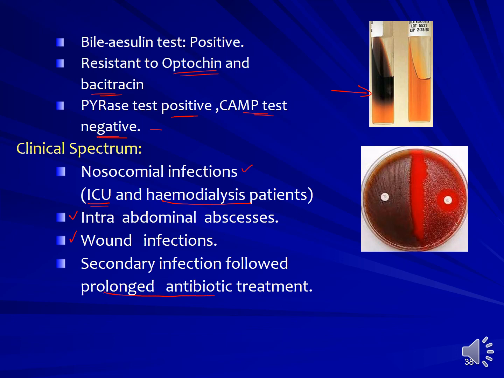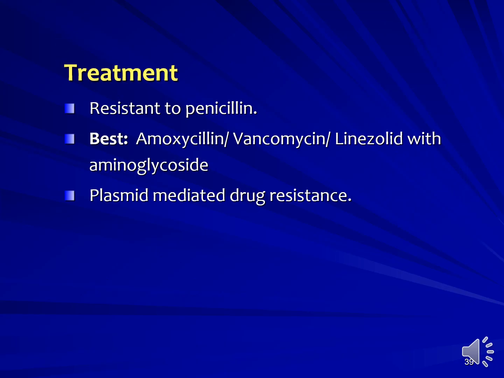If you use antibiotics for a longer period, these secondary infections are also produced by the enterococcus group of bacteria. Treatment is by penicillin, best using amoxicillin or vancomycin or linezolid in combination with aminoglycosides, such as amikacin. Drug resistance is mainly plasmid mediated in this group.